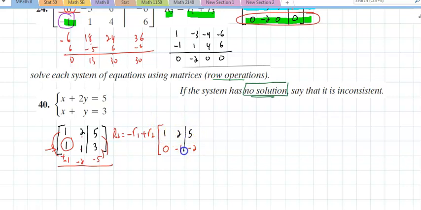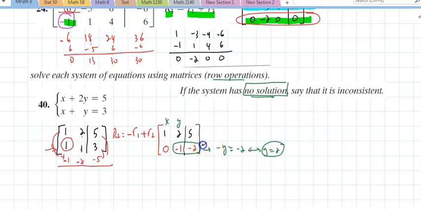And pretty much that's as far as we're going to get. Why is that? Because look, if this is x and this is y, if I go back to the equation, doesn't that say negative y equal negative 2? Which means y equals a 2.